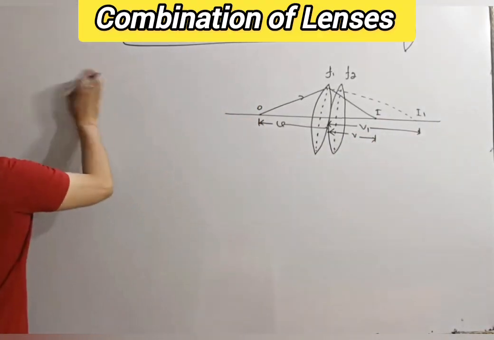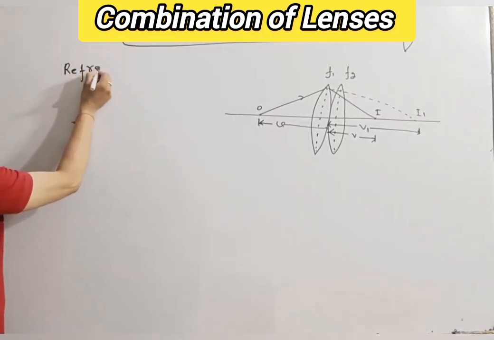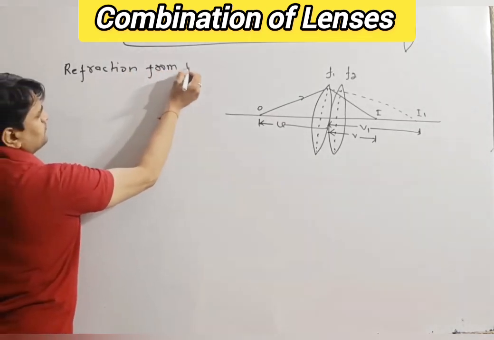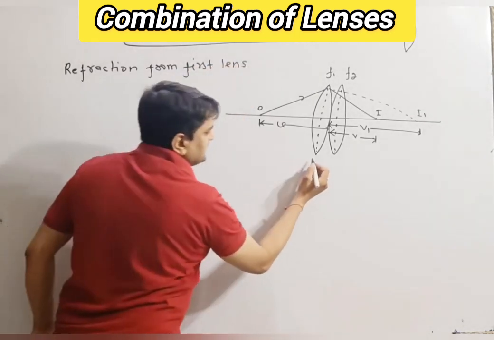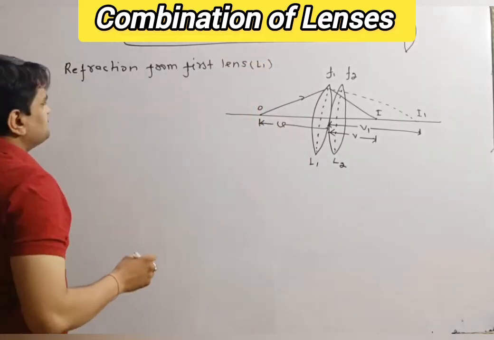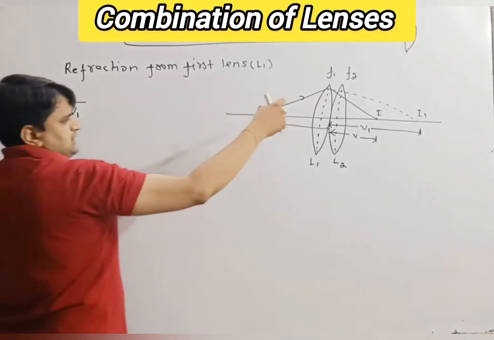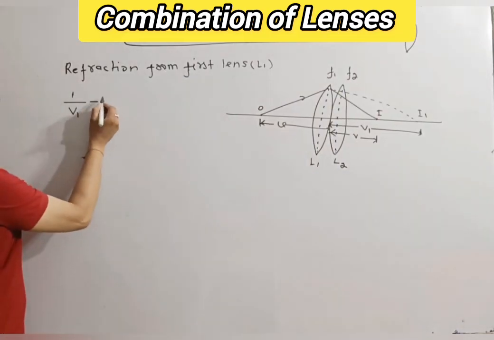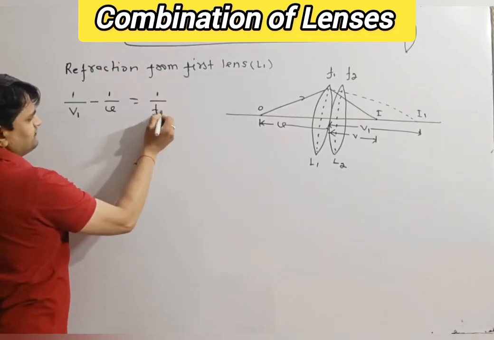Now let us write the equation. Refraction from the first lens. Let's say the first lens is L1 and the second is L2. For the first lens L1, the equation will be, with image distance V1 for the first lens, 1 upon V1 minus 1 upon U equal to 1 upon F1.